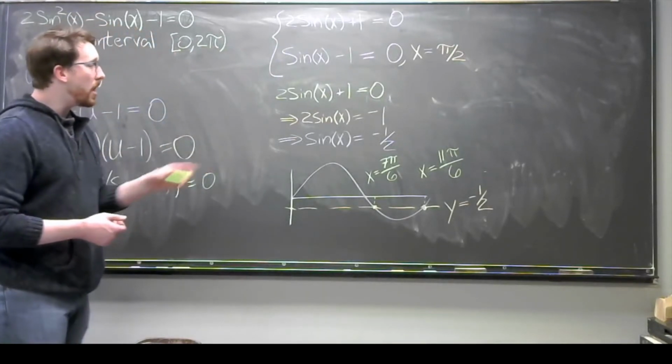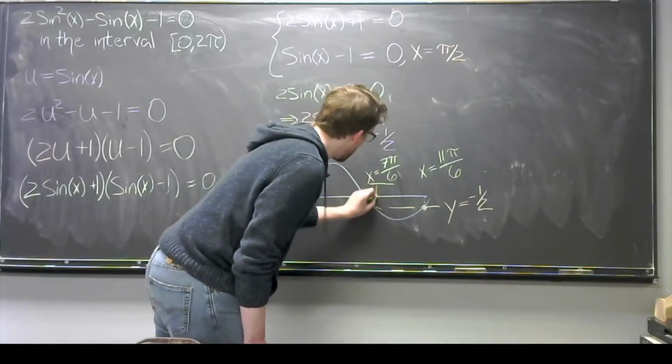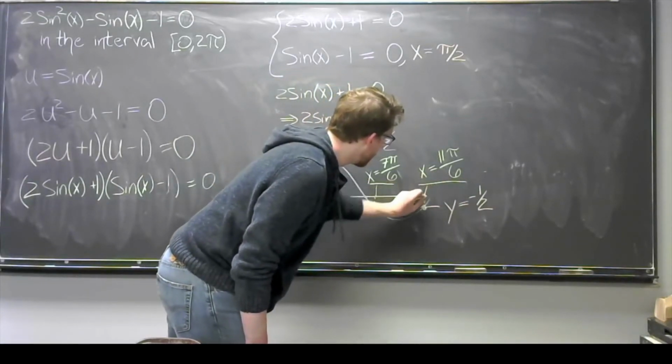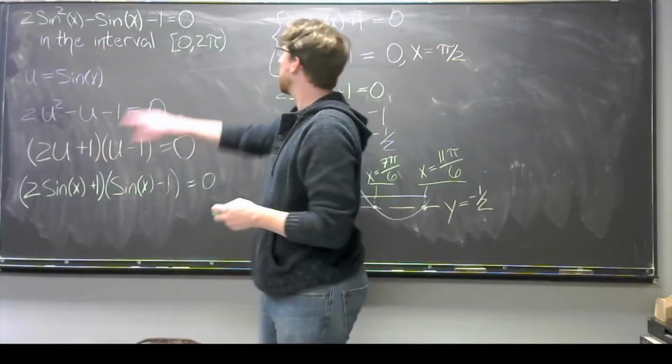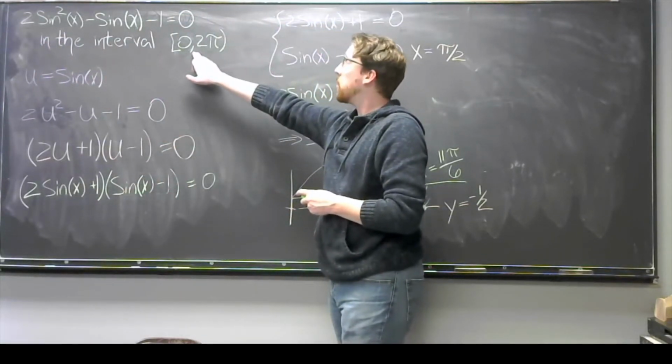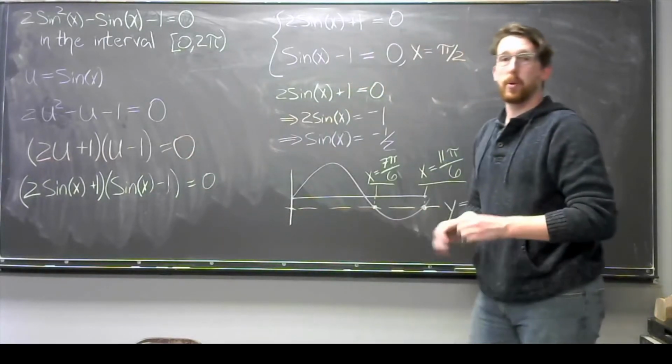Now, just like I said, let me make this more clear for y'all. Because we're working inside of this interval, we don't need to consider the values outside of it.